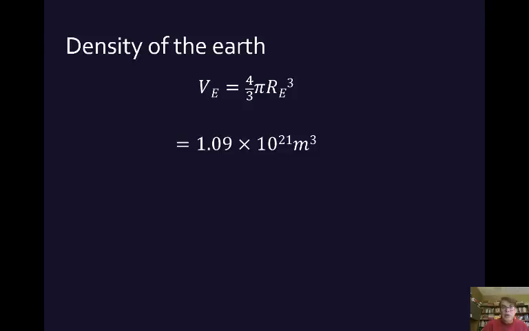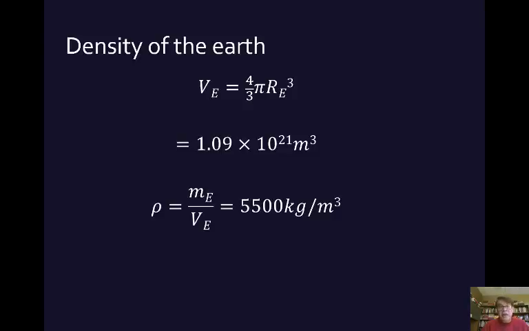Now we figure out what the density of the Earth is, using the Greek letter rho, it's not a P, it's a rho. Density is mass per volume, right? We know the mass of the Earth now, and we know the volume of the Earth. We just do a little simple division, simple for a change, and it comes out to 5,500 kilograms per meter cubed. That's the average density of the Earth.